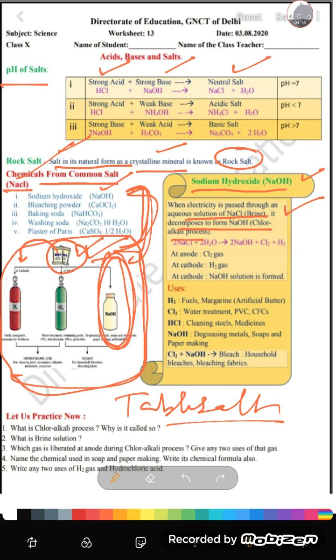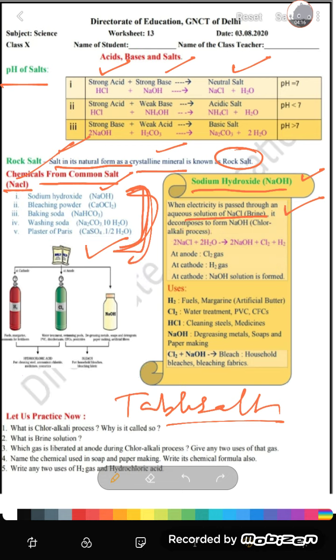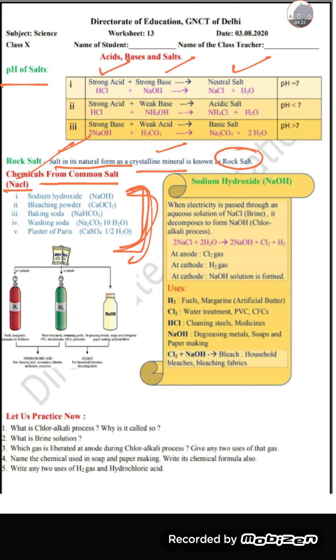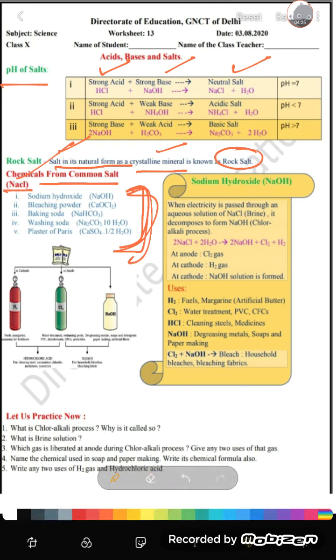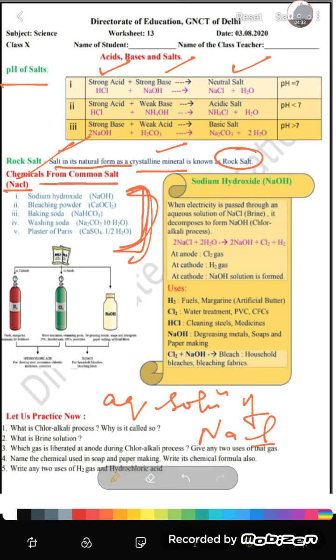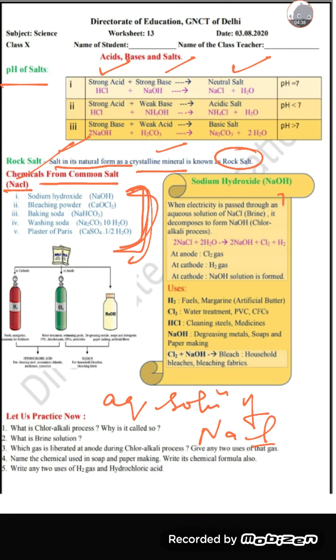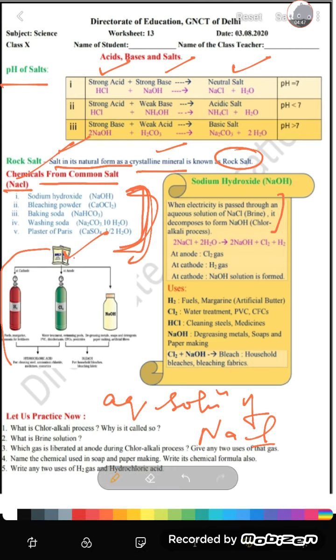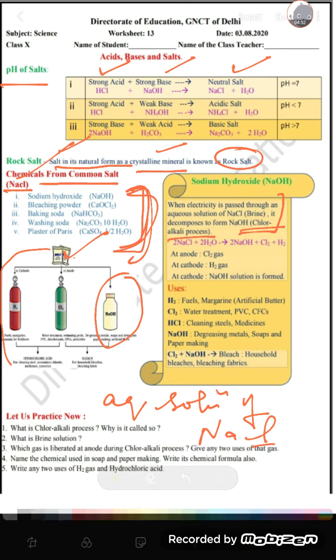And what is this brine? Here is a new term for you: brine. Brine is an aqueous solution of NaCl, right? So once again I repeat, when electricity is passed through the aqueous solution of NaCl, it decomposes to form NaOH, and this process is called the chlor-alkali process.